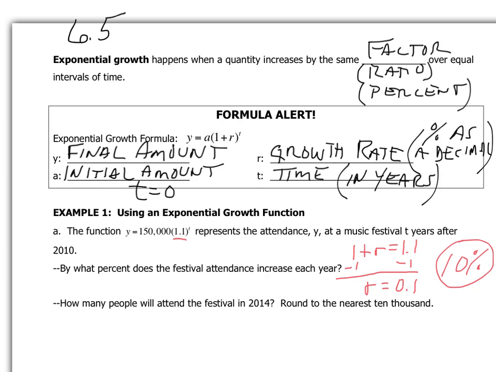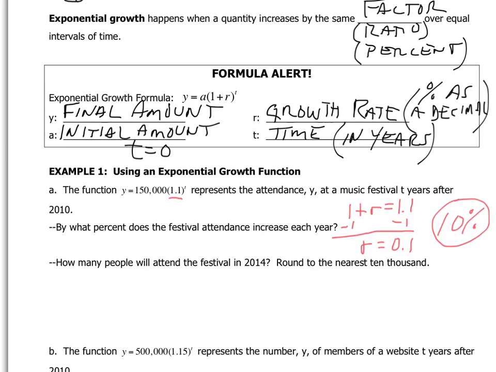So the next question is, how many people will attend the festival in 2014? And they want us to round to the nearest 10,000. Well, a couple things are going to happen here. What we have to think about is the year 2014. We have the function for the attendance after 2010.